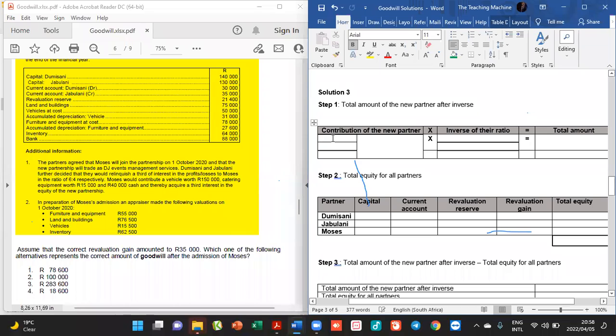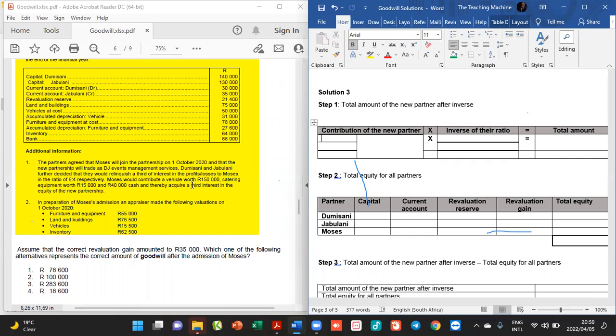Let's look at the contributions made by the new partner. What does the information say? Additional information number 1, I'm looking at the sentence that starts with Moses would contribute a vehicle worth 150,000, catering equipment worth 15,000 and 40,000 cash, and thereby acquire a third interest in the equity.